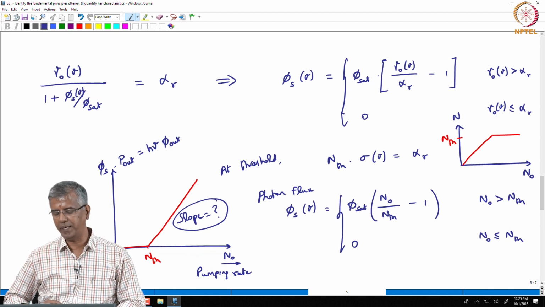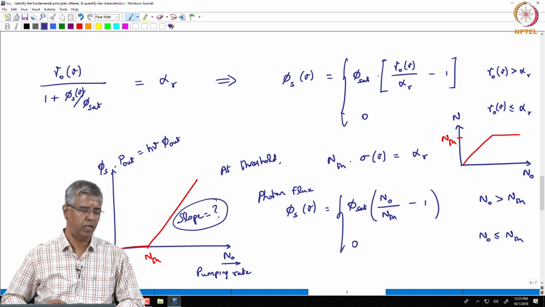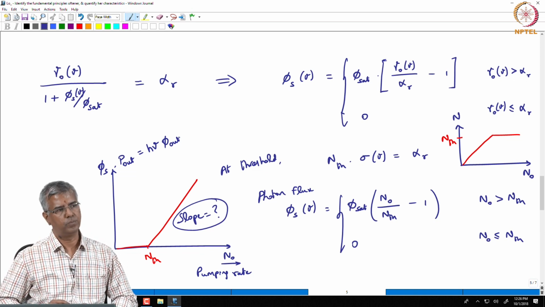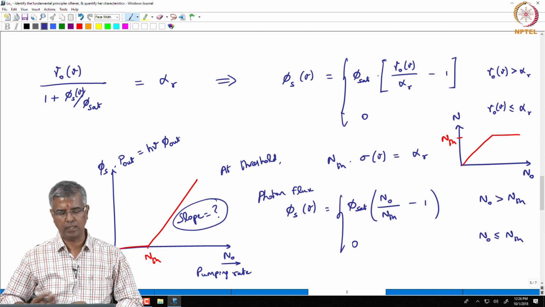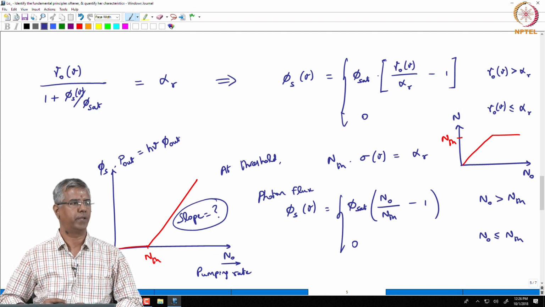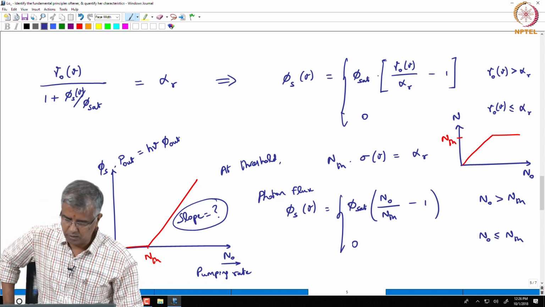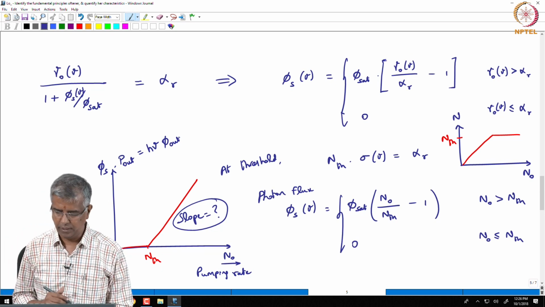So, what we will find is, first of all, we will get an expression for phi out, and what we will find is that there is an optimum reflectivity, okay, for extracting this output power from the cavity. So, we will actually look at what is the optimum reflectivity, what is the expression for the optimum reflectivity. Okay.